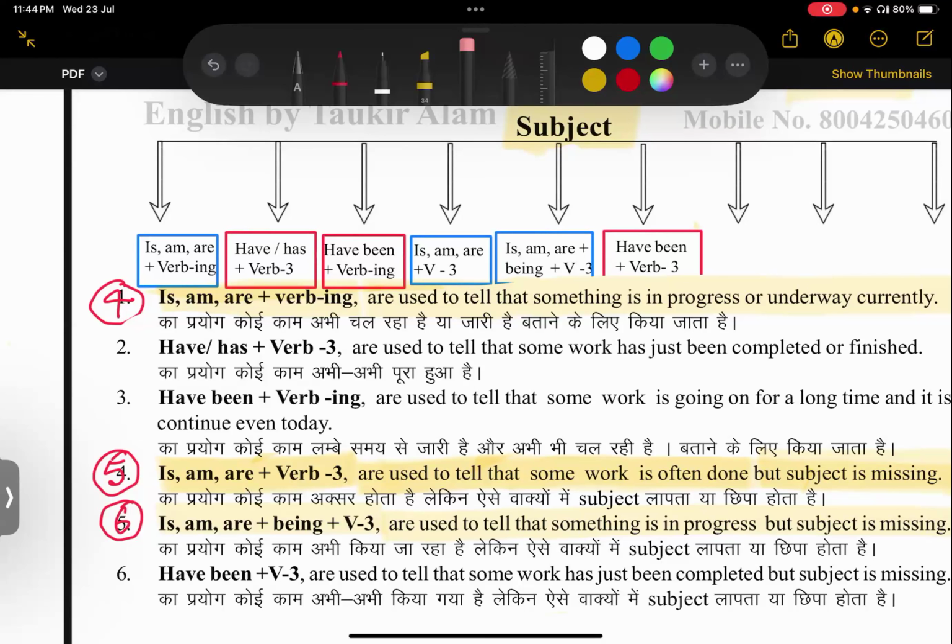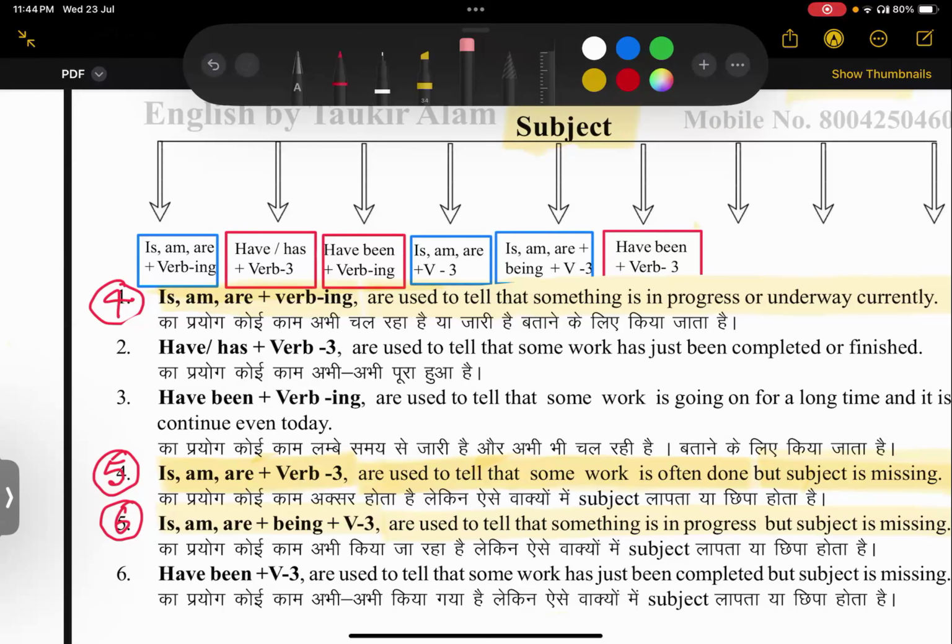For example, I have taught you this lesson 3 times. Means I have done it 3 times. I have helped you and given you 1000 rupees. Means I have done it.